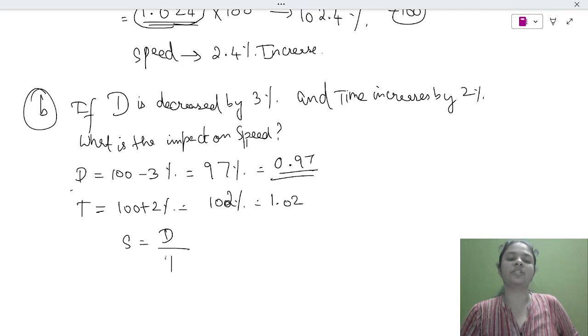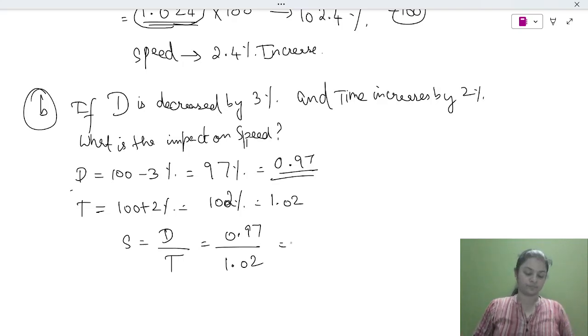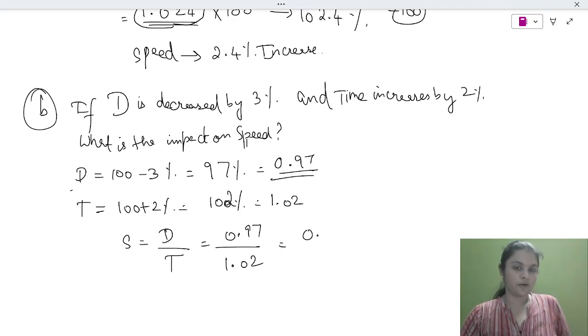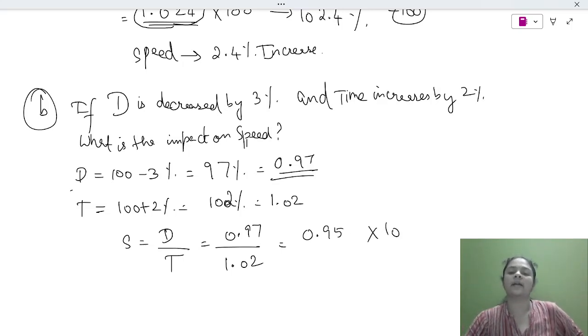Now impact on speed. Speed is equal to distance by time. So do distance 0.97 by time 1.02. You get the answer as 0.9509, which means multiply by 100, 95%. 95% means it has reduced from 100.